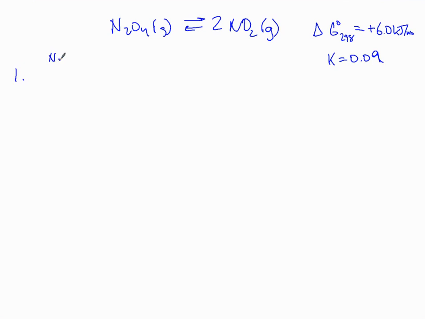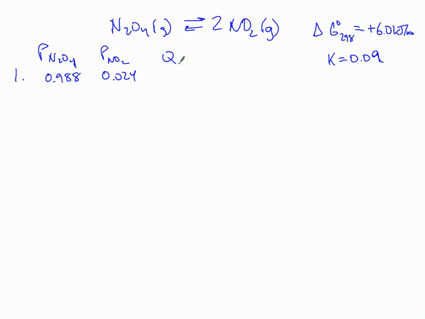So partial pressure of N2O4, partial pressure of NO2. Then it wants to know Q. So in order to find Q, we have to have the equilibrium expression.